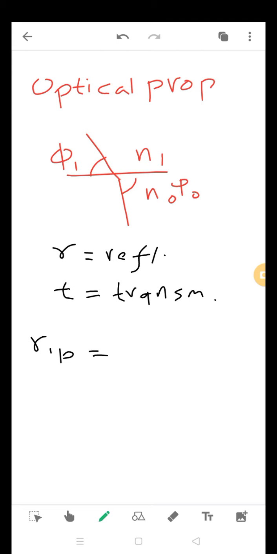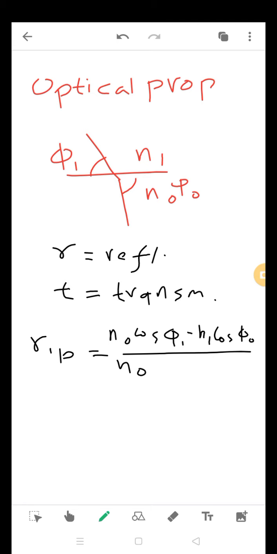It is basically equal to n0 cos phi 1 minus n1 cos phi 0, divided by n0 cos phi 1 plus n1 cos phi 0.